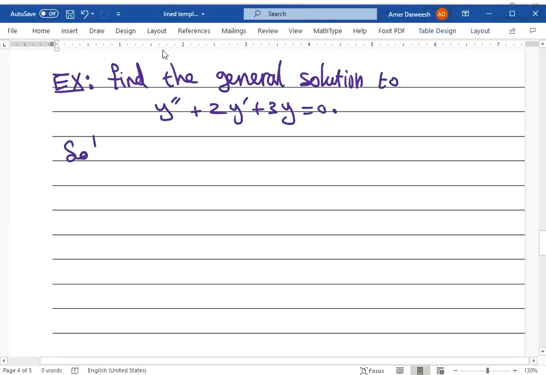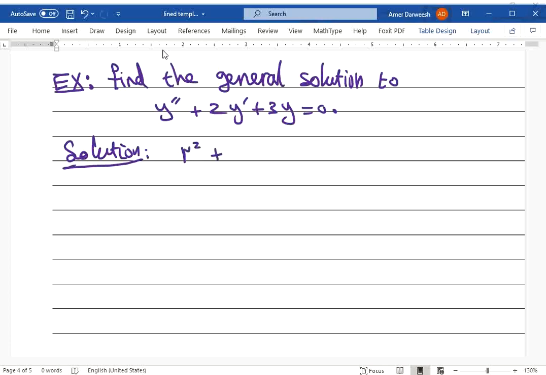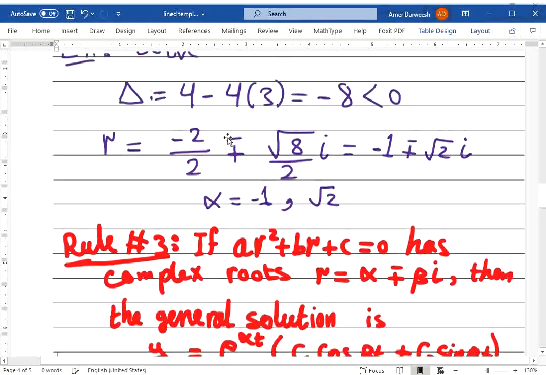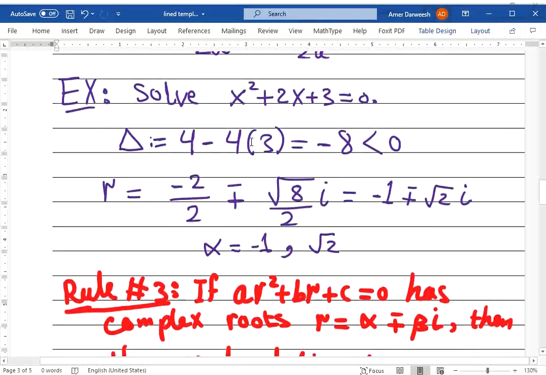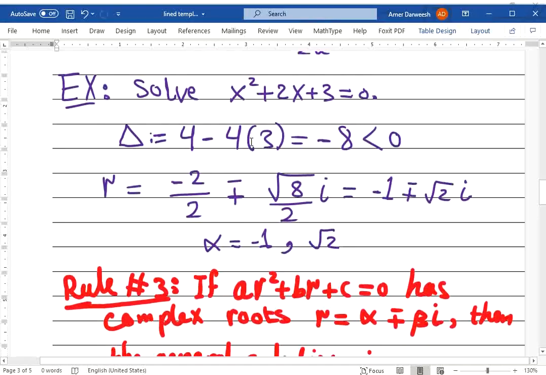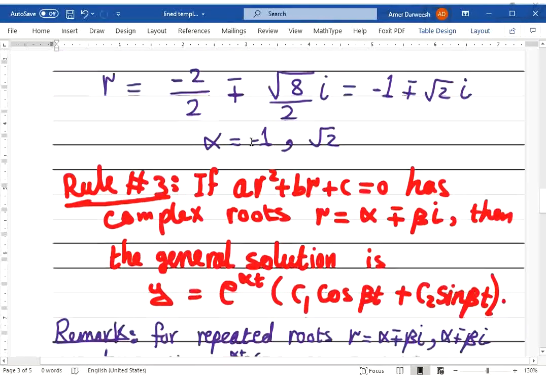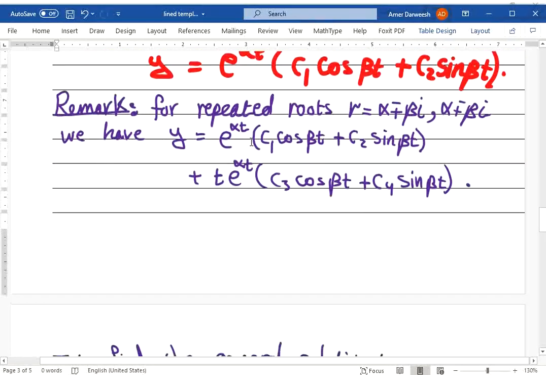So solution: the auxiliary equation is r squared plus 2r plus 3 equals 0. إذا بترجعوا للسؤال اللي حليناه، to find the roots, x squared plus 2x plus 3 هو نفس الإكويشن. إذا معناها الروتس لهاي الإكويشن complex هم minus 1 plus minus square root of 2 times i.